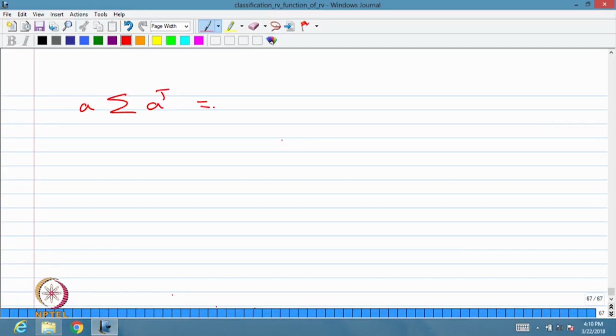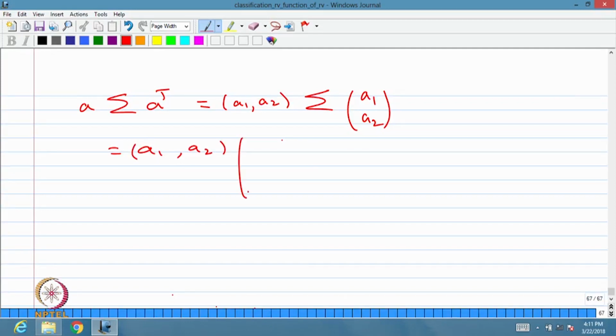Here we take A with the two elements A1 comma A2 and the transpose. Substitute A1 comma A2, and the matrix value is 1 by 12, 1 by 24, 1 by 24, 7 divided by 144, multiplied by the A1 A2 transpose vector.